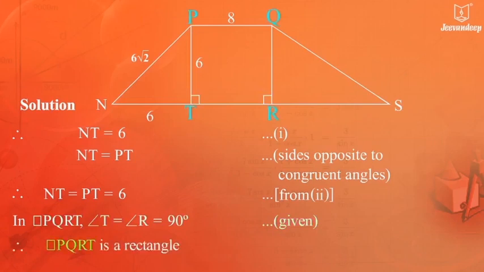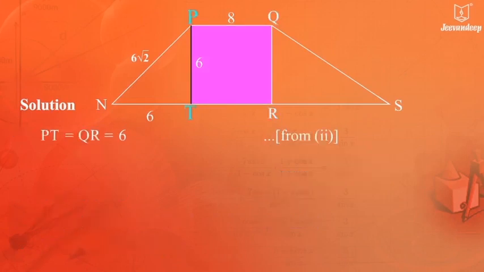Therefore, quadrilateral PQRT is a rectangle, as PT equals 6 from equation 2 and QR is the opposite side of PT in rectangle PQRT.